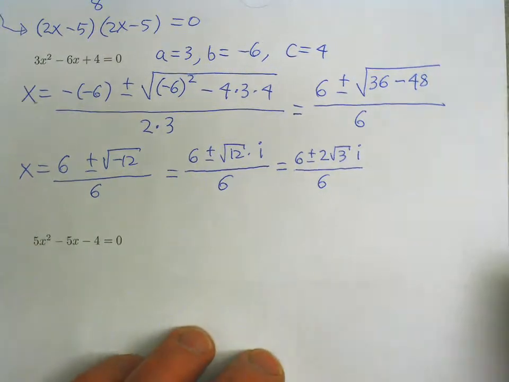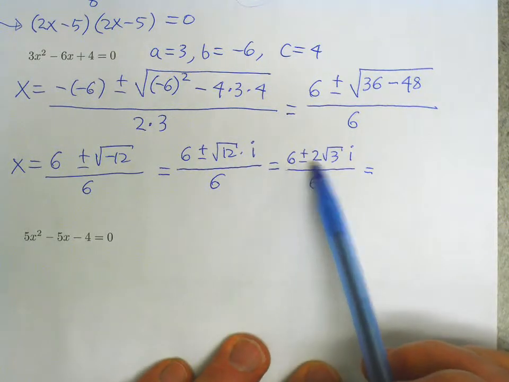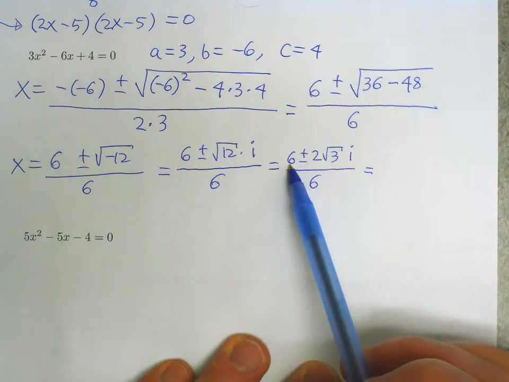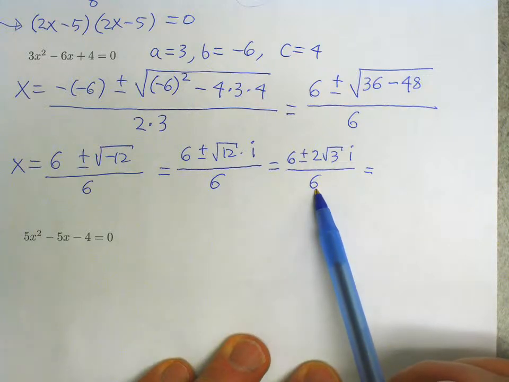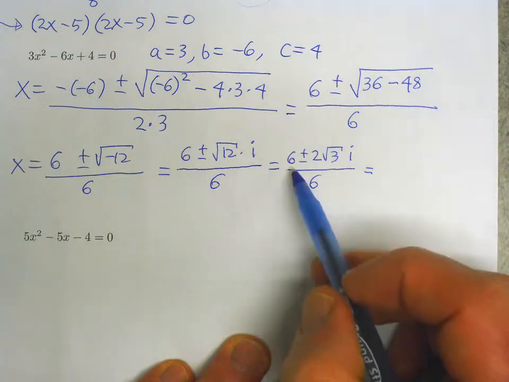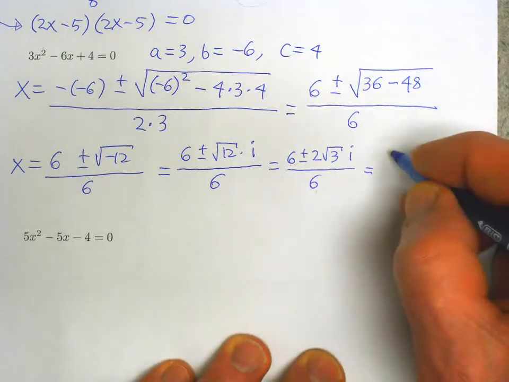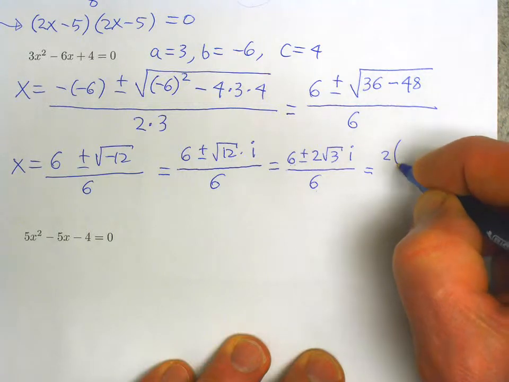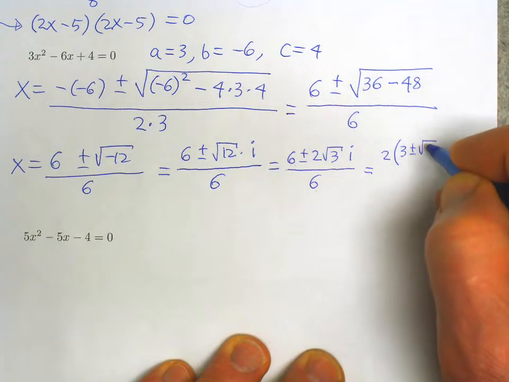We can simplify further because every term in the numerator has a factor of 2 which is common with the denominator that also has a factor of 2. So I'll factor 2 out of every term in the numerator. So 2 times 3 plus and minus the square root of 3 times i.